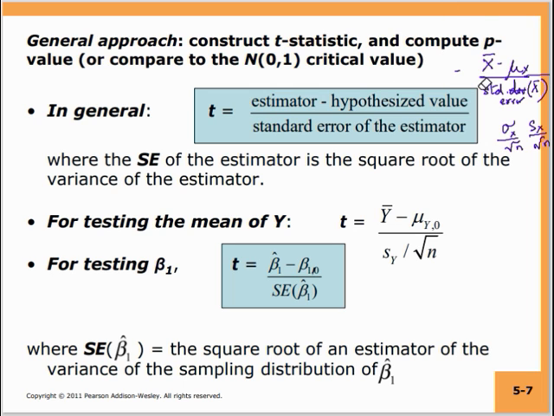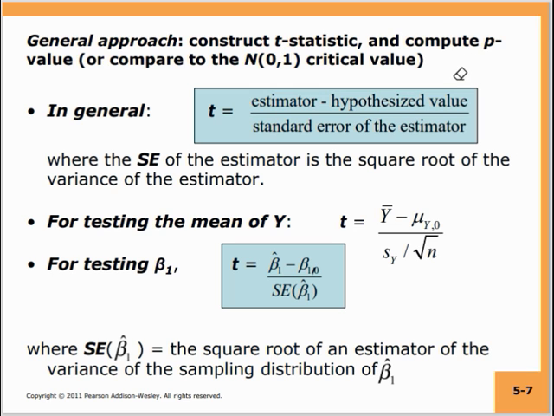In this particular case, we are not testing for the mean, rather we are testing something about beta 1 hat. So we need to get the standard error of beta 1 hat, and we need to see the estimated value of beta 1 hat minus the hypothesized value.